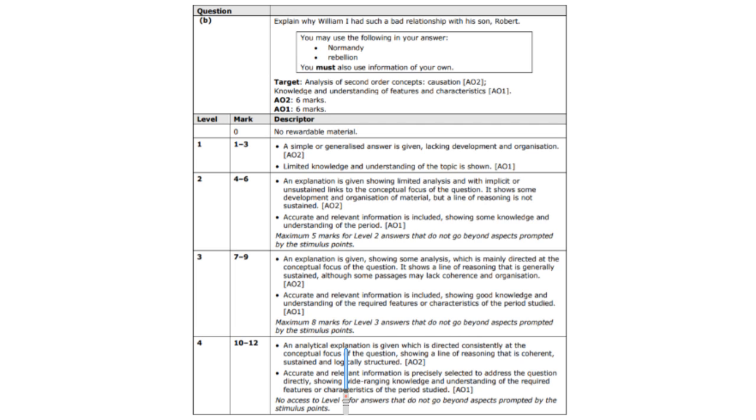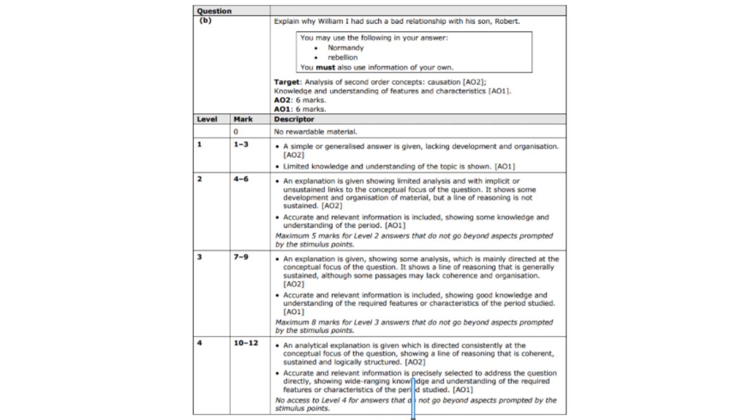You've considered how you are going to set out your work, and it is directly consistent on causation. You are focusing on this caused the bad relationship, this caused that, this led to, as a result of this, this happened because. And that is what shows you as a sustained and logically structured piece of work.